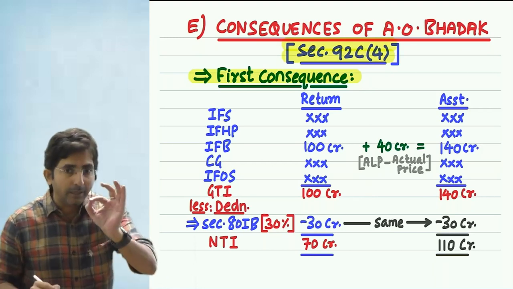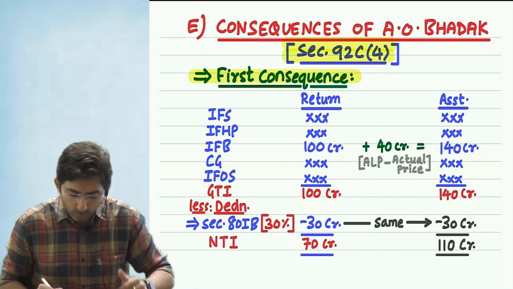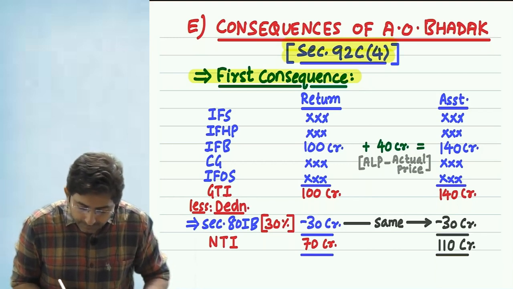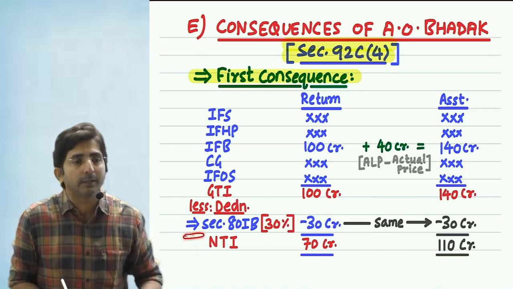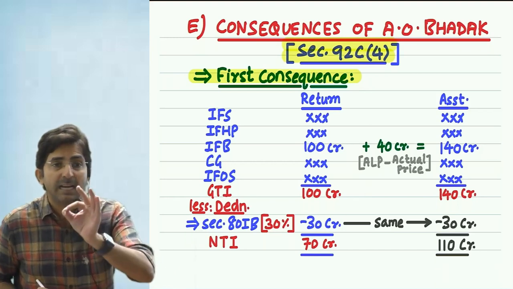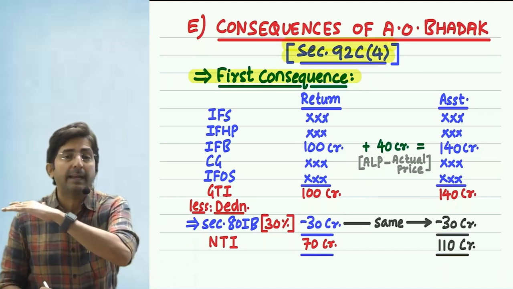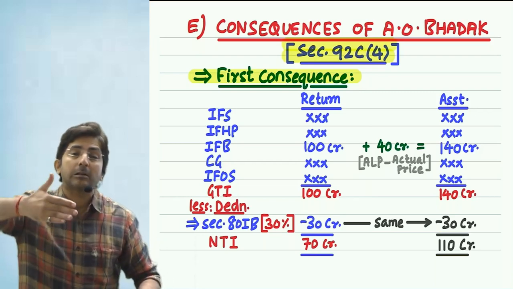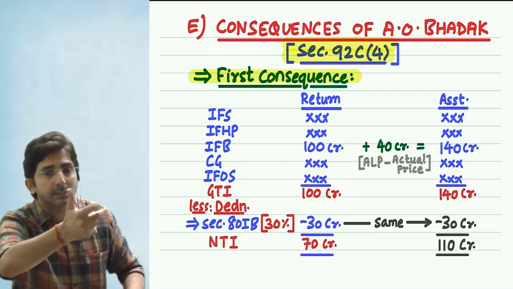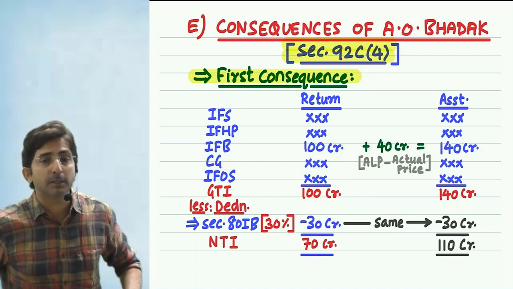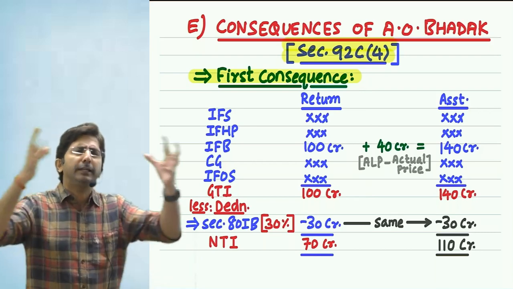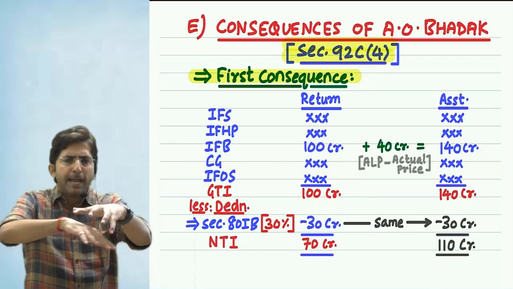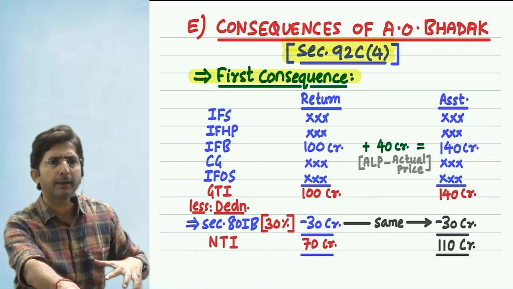And in real life, where is the position of 10AA? Look, it is after chapter 6A only. After chapter 6A, there is a place for 10AA. 10AA also operates like chapter 6A. What is the nature of chapter 6A? First include all the income in GTI. Then comes chapter 6A.